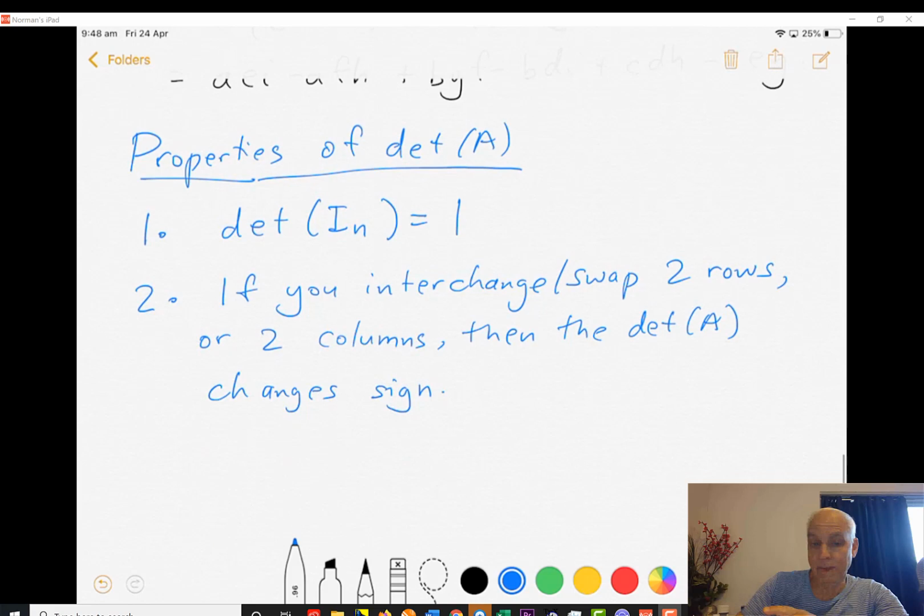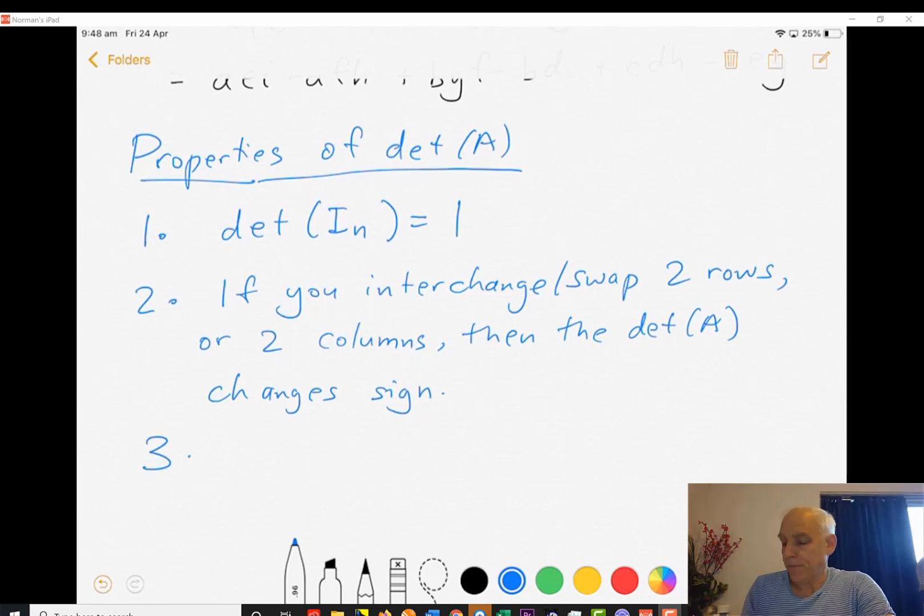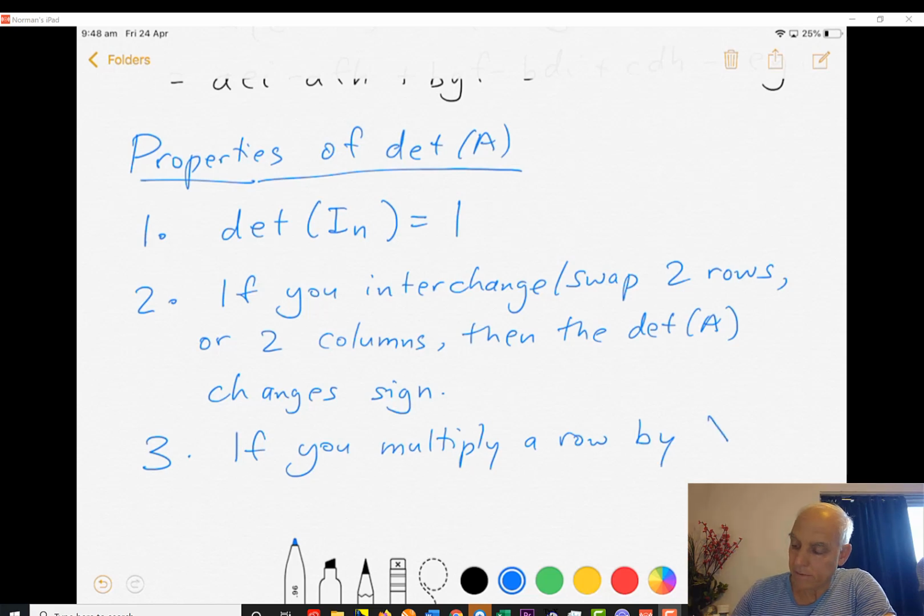That was an elementary row operation, right? So what about the other elementary row operations? Third, if you multiply a row by lambda, then the determinant is multiplied by lambda.